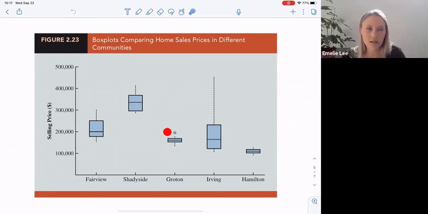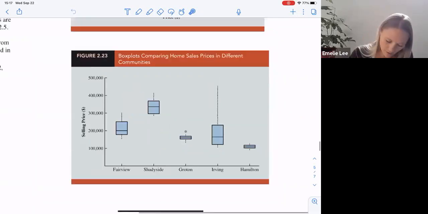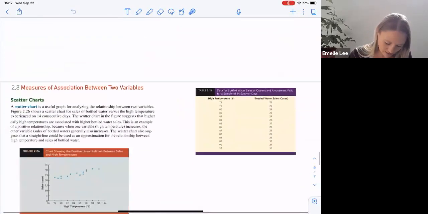But that's the only one with an outlier. Now it looks to me like this might be a small data set because there's this beautiful symmetry and there's an outlier that's relatively close to the rest of the data. But it's, again, something that we would look into. So I'll leave that there.